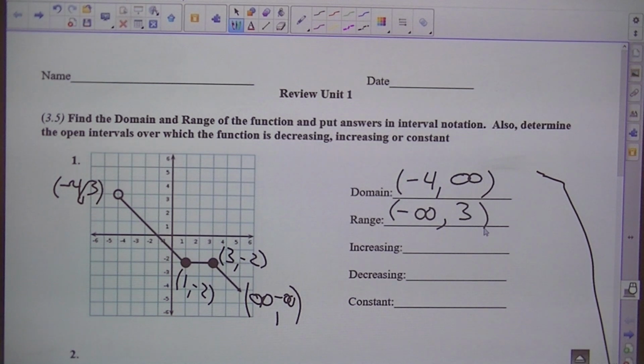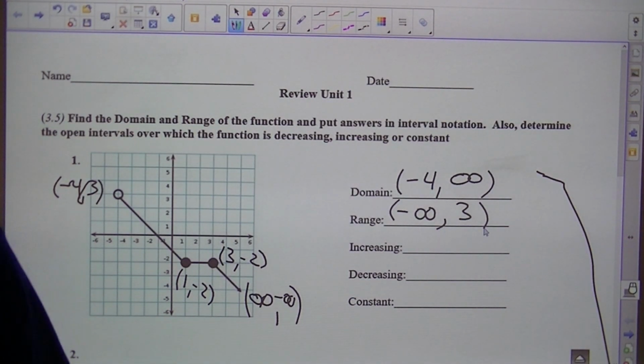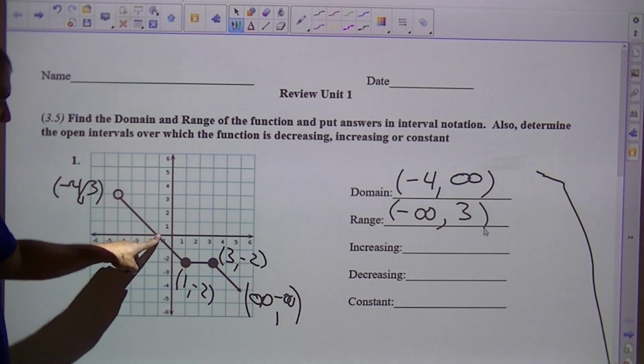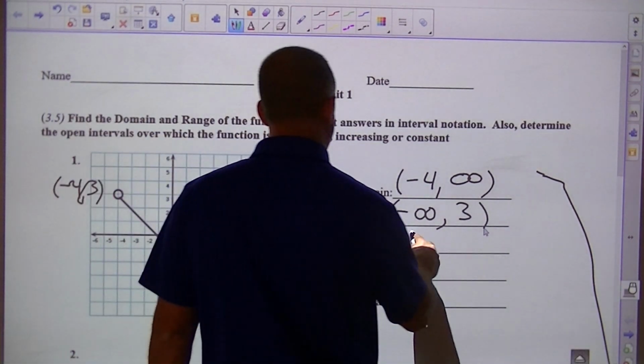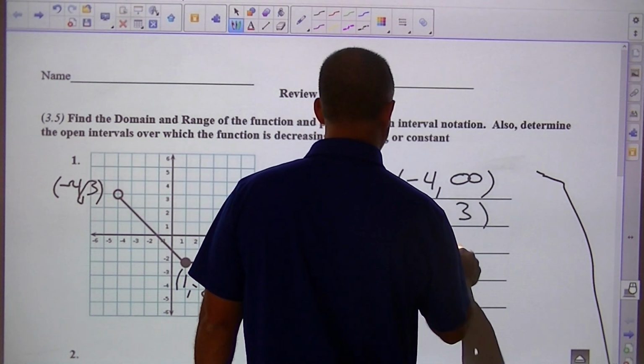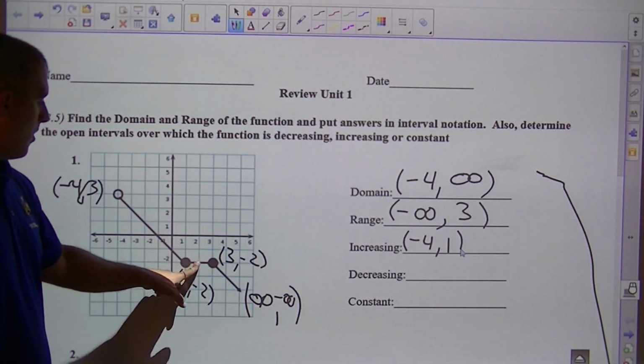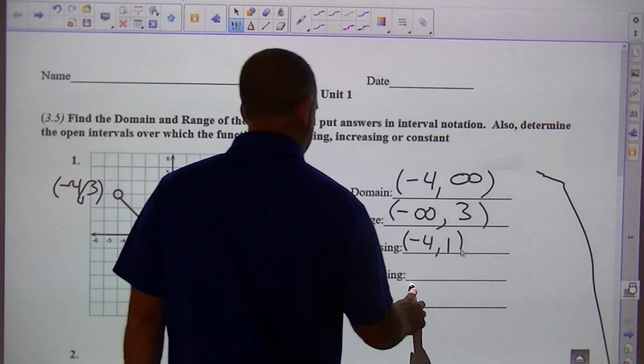Okay? Increasing, decreasing. What we're going to do when we do increasing, decreasing, all right, is start from the far left and work your way. So I trace, that's decreasing. So it's decreasing from -4 to 1. Then it's 1 to 3, it's horizontal, so that's going to be constant.